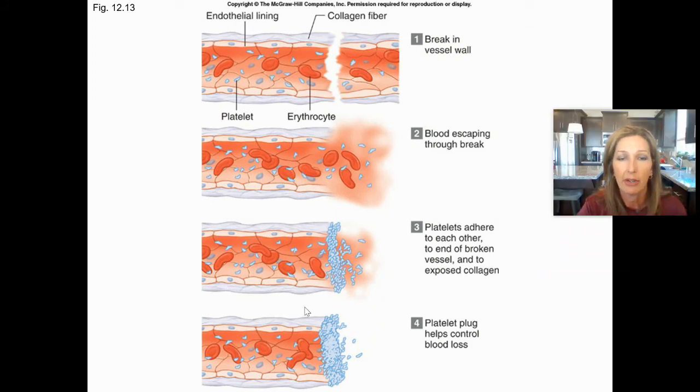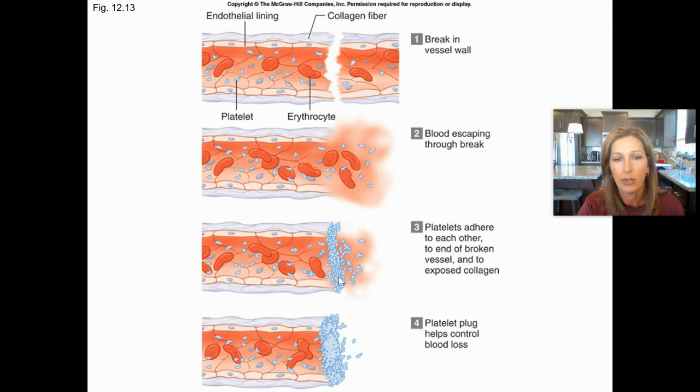This particular diagram is helping you understand the clotting process. When we rupture a blood vessel, which happens all the time, and you get a bruise, that is internal bleeding. You have ruptured capillaries that need to stop bleeding, so we need to clot it. With this particular process, it is platelets that are going to start the process. They're kind of sticky and they're going to stick to these tears in capillaries or these breaks in blood vessels.